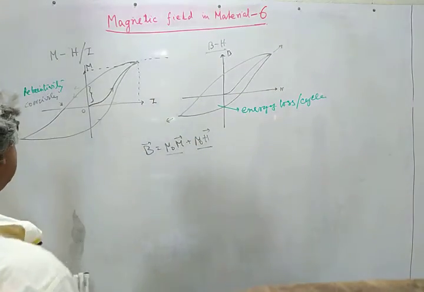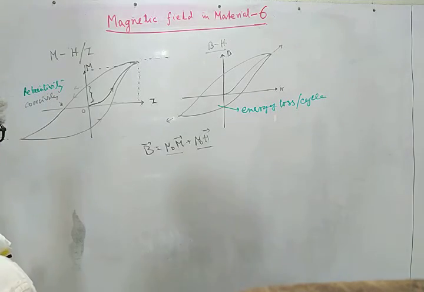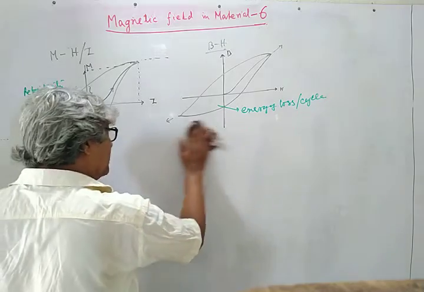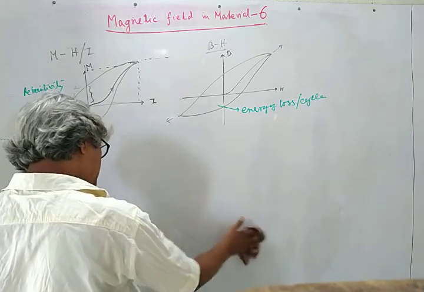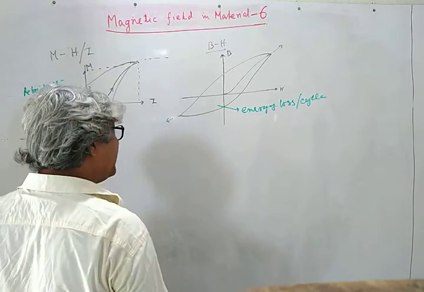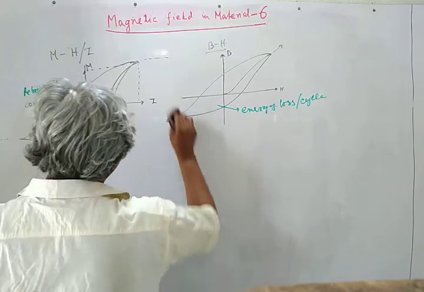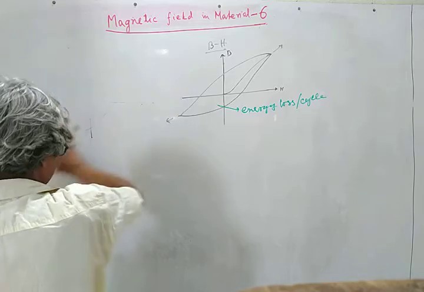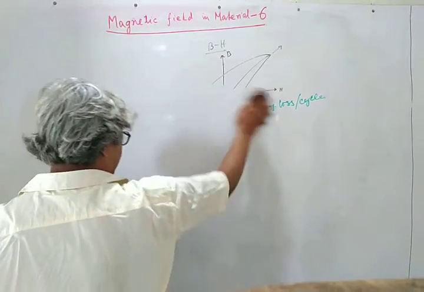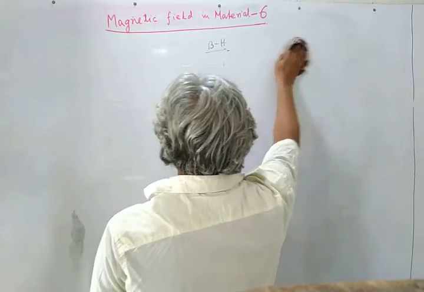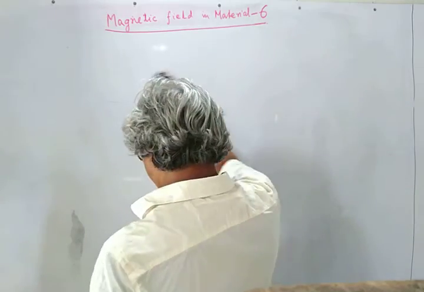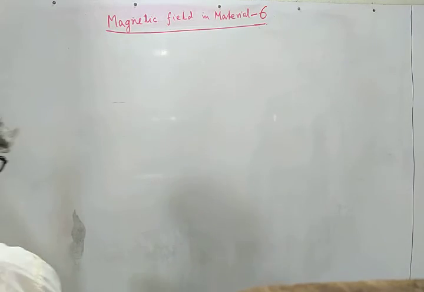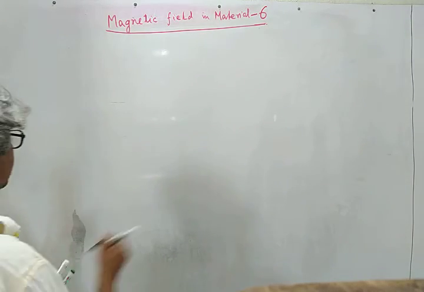And lastly, what I want to say is how to set a ferromagnetic material in a state which doesn't have any magnetization in the absence of field, because in a laboratory we frequently need to use a ferromagnetic material and put it through cyclic magnetization.